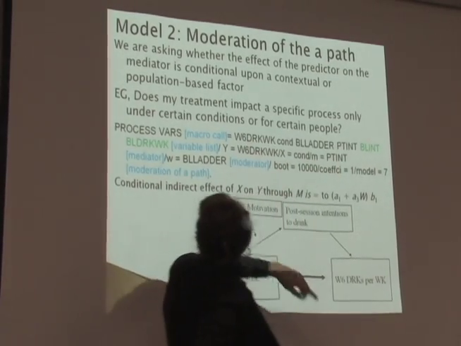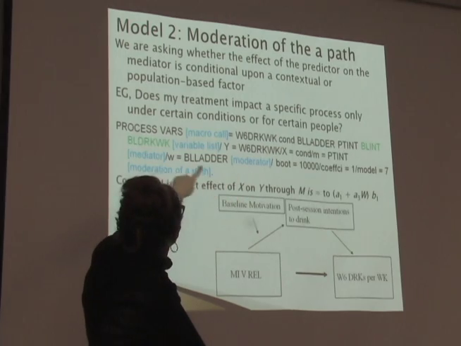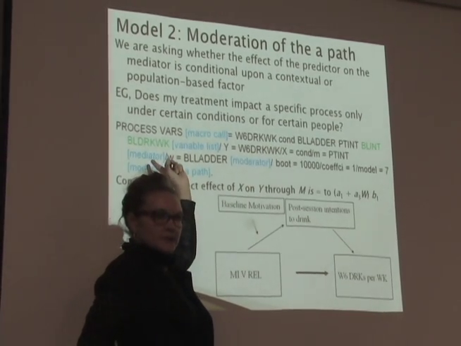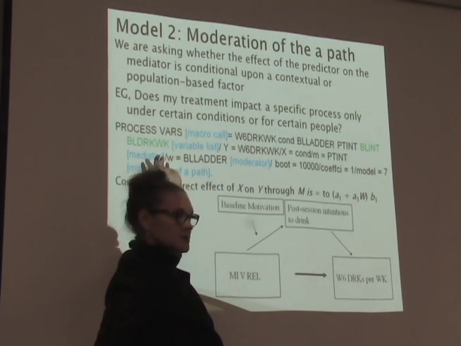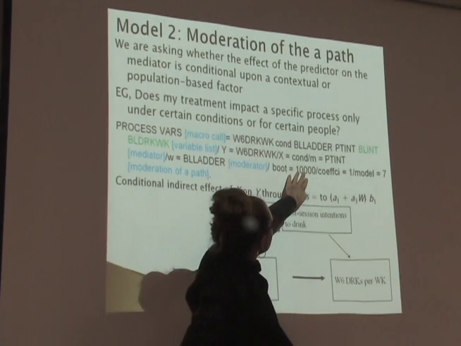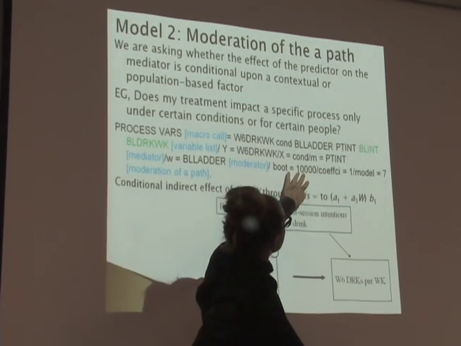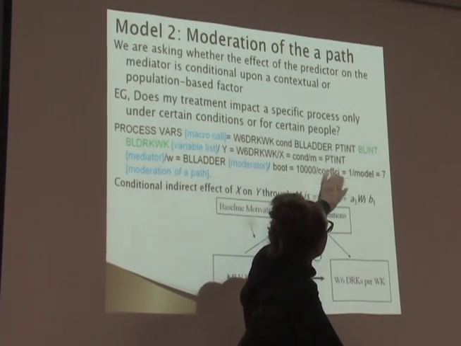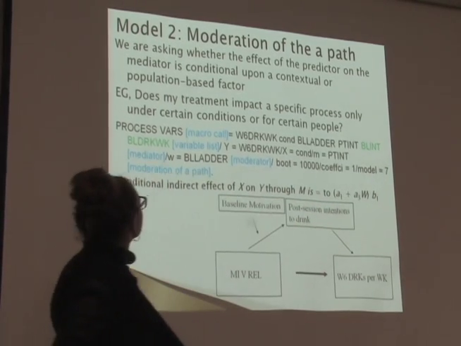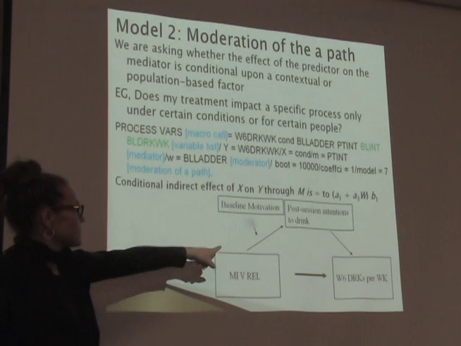Here's our mediator. Here's our moderator. And then anything that is left over, it'll automatically treat as a covariate. This is just how many bootstrap resamples we want, the coefficient tests, and then we're specifying model 7, okay? Which is moderation of the A path, which is this picture.